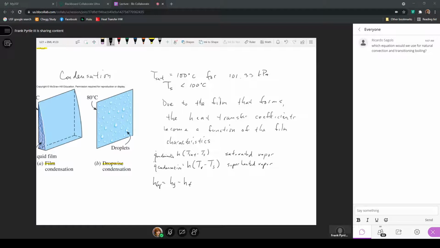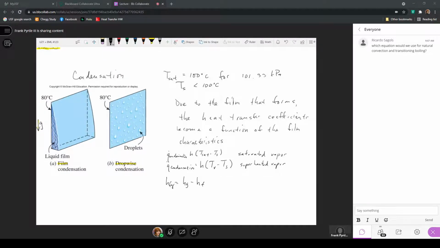Now, when we're considering that amount of heat that has to be removed or added, this heat transfer coefficient is just going to describe some quantity that's multiplied by that temperature difference to get that heat flux.